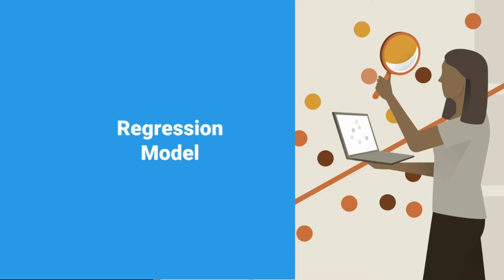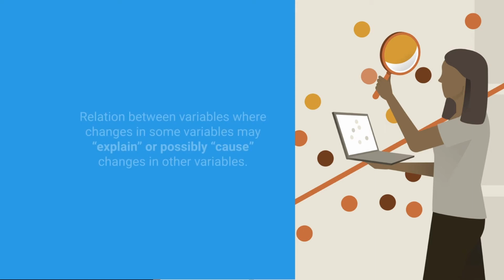A regression model is one of the important ingredients of probabilistic models. It emphasizes a relation between variables where a change in some variables may explain or possibly cause changes in other variables. So cause and effect relationship is a very important term which revolves around this model.